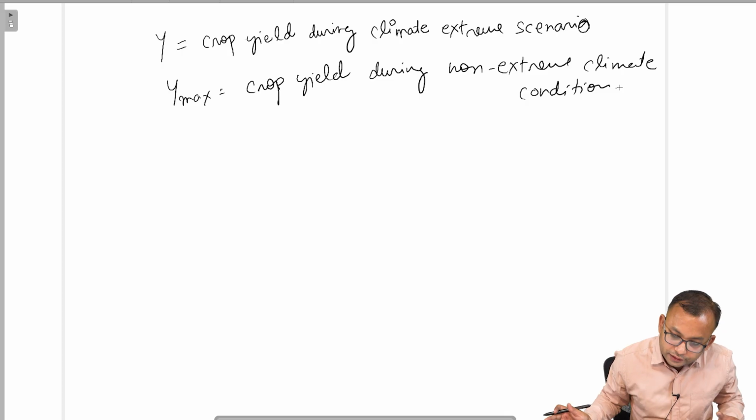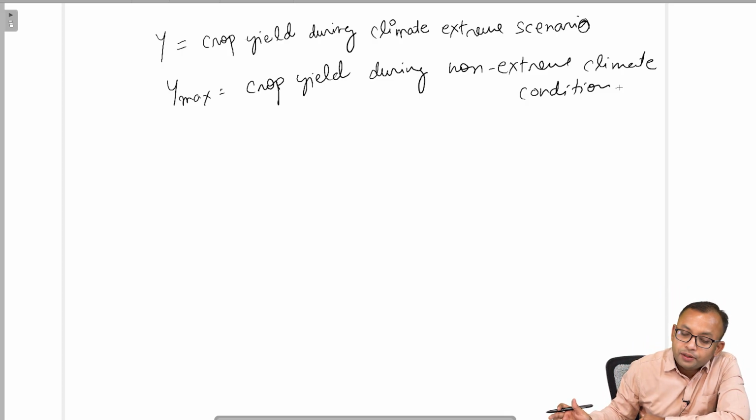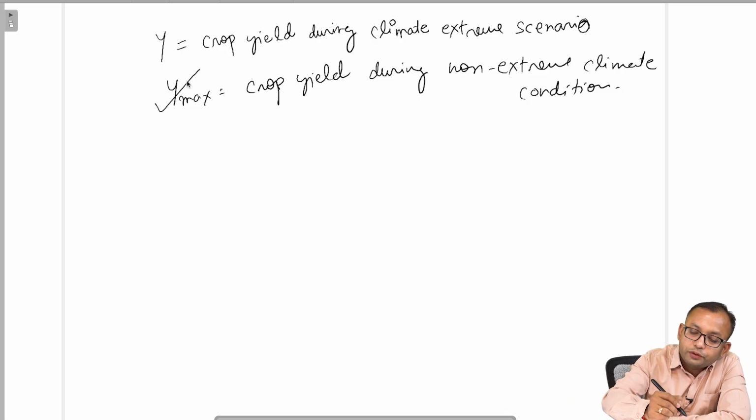So how do we relate these? How do we make an equation which relates the crop yield during the normal condition and during the climate extremes?